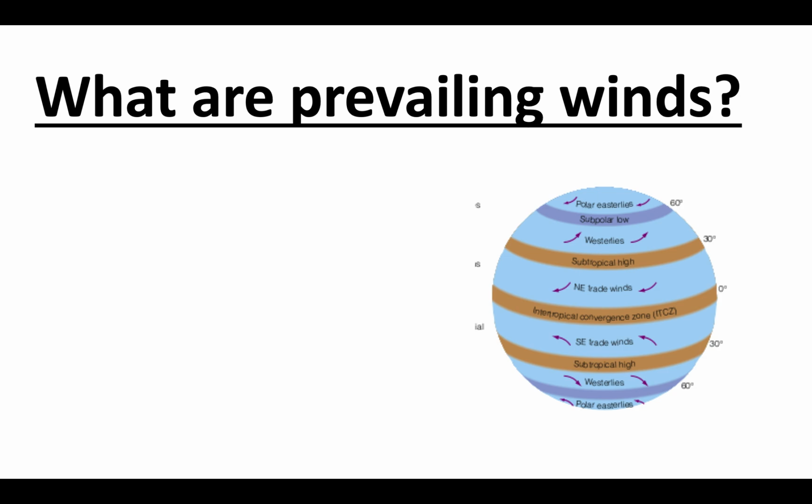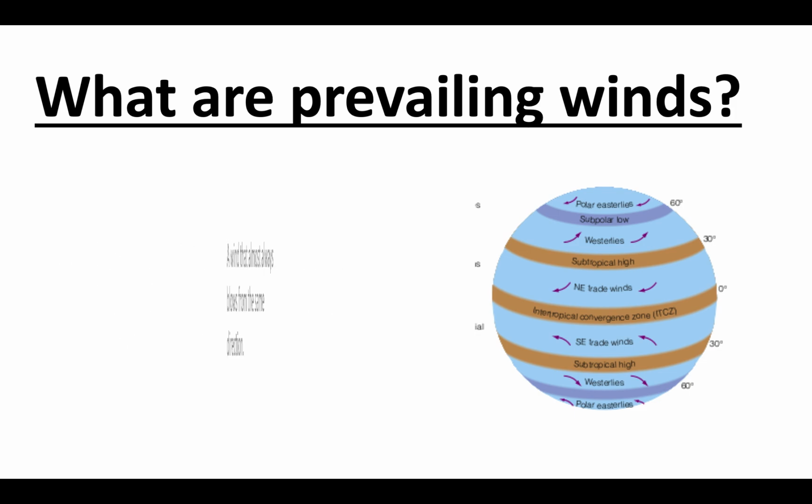The westerlies come right after that, below the polar easterlies. And the equator is right between the trade winds. I hope everybody's looking at the image on page 54. You can see that they're blowing towards each other.